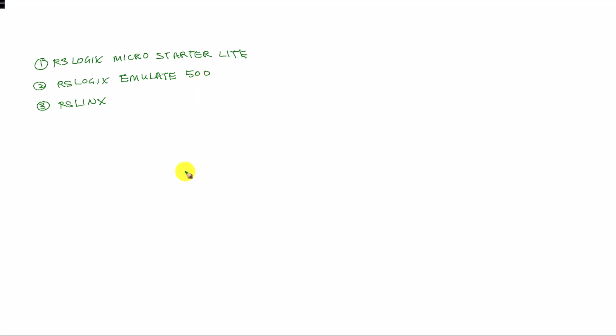Okay, so for example, we have a physical PLC, and we have a laptop. So we need to install these three software into our laptop so that we can use the software to program the PLC, right? So this is a physical PLC. So we need this RSLinx to interface between PLC and the laptop.